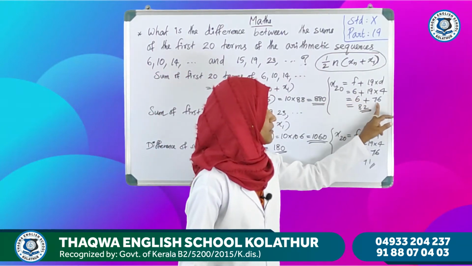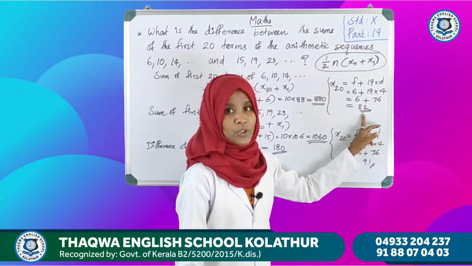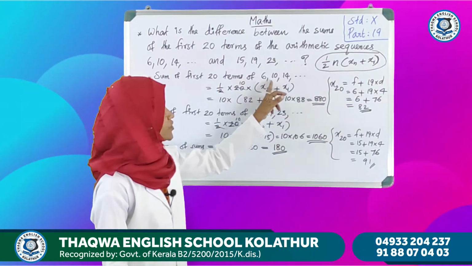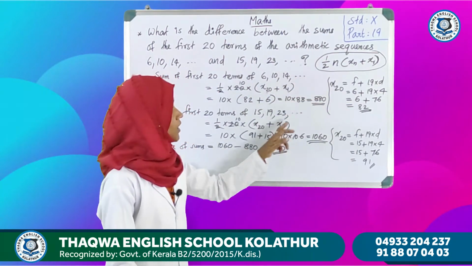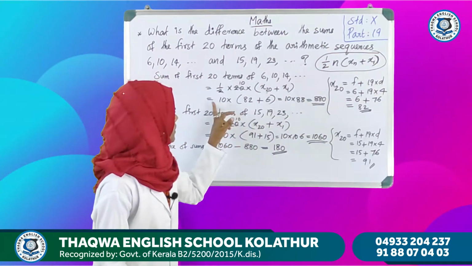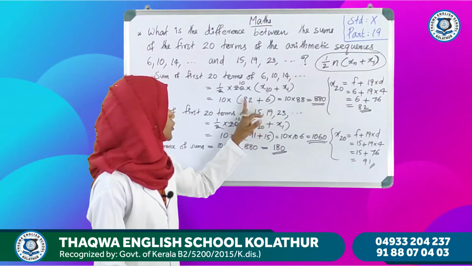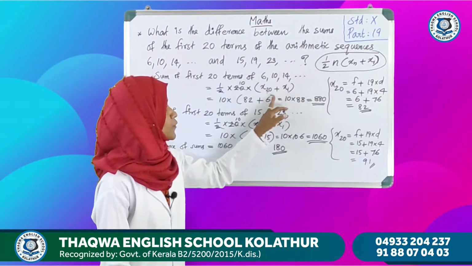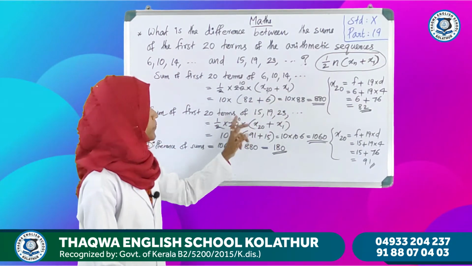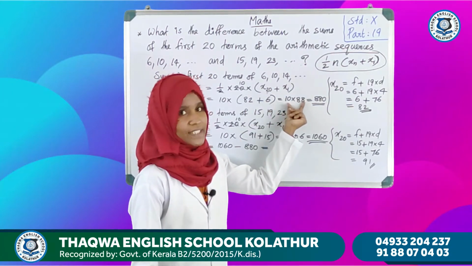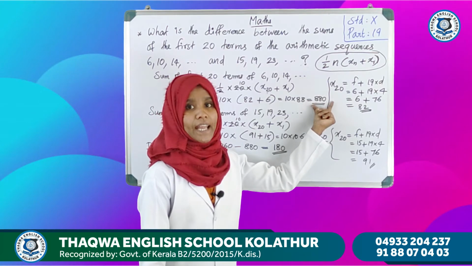That is 6 plus 76, 82. So the sum of the first 20 terms of 6, 10, 14, etc. is 10 into (x20, 82, plus x1, the first term, 6). So 10 into 88, that is 880.